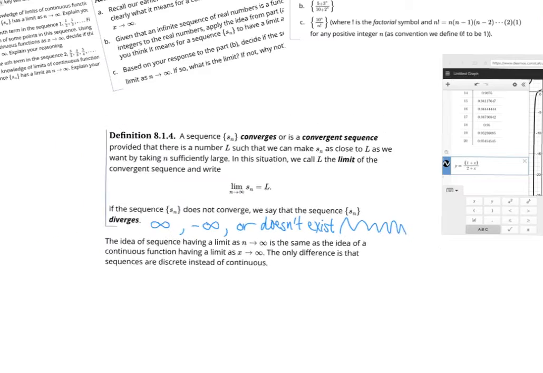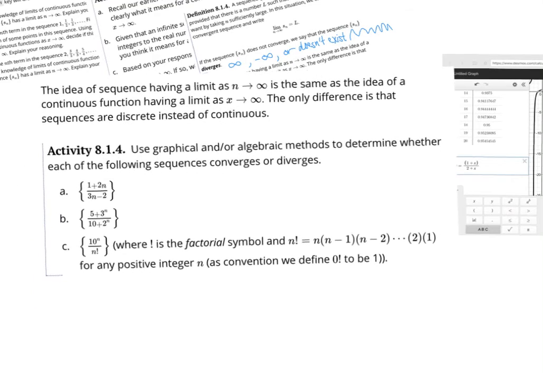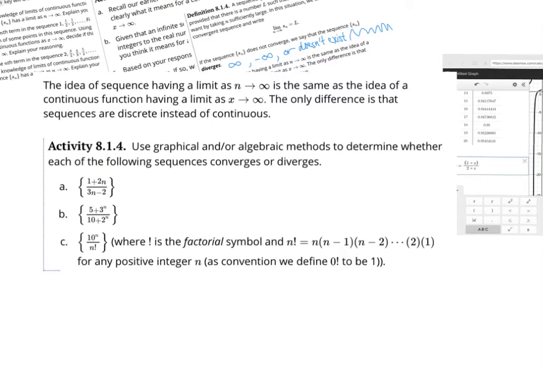Now let's look at some examples. This activity is saying use graphical methods, so something like Desmos, and/or algebraic methods, which means your prior knowledge about how to calculate certain limits could be involved, to determine whether each of the following sequences converges or diverges.